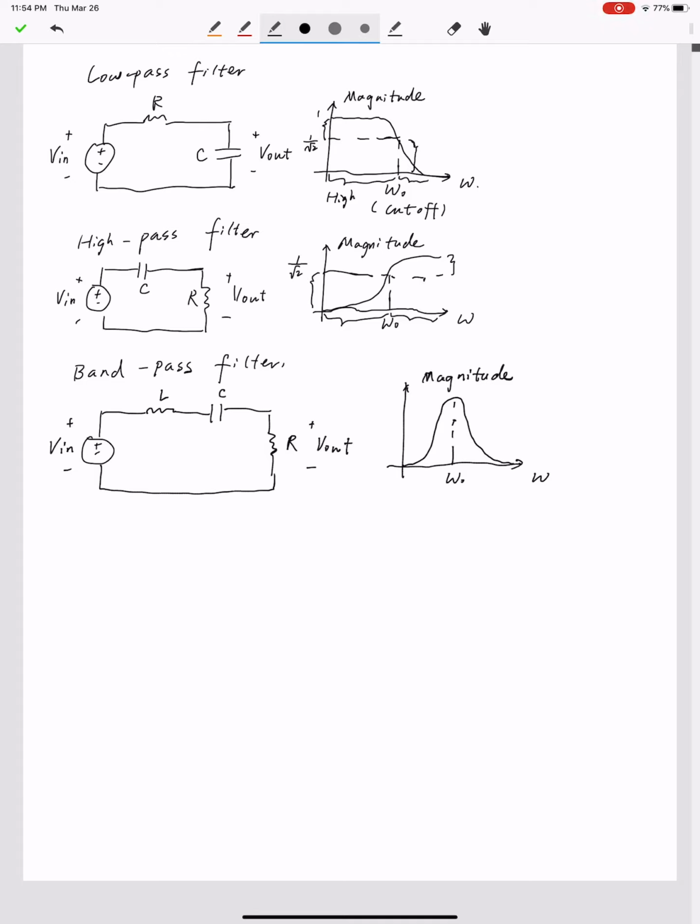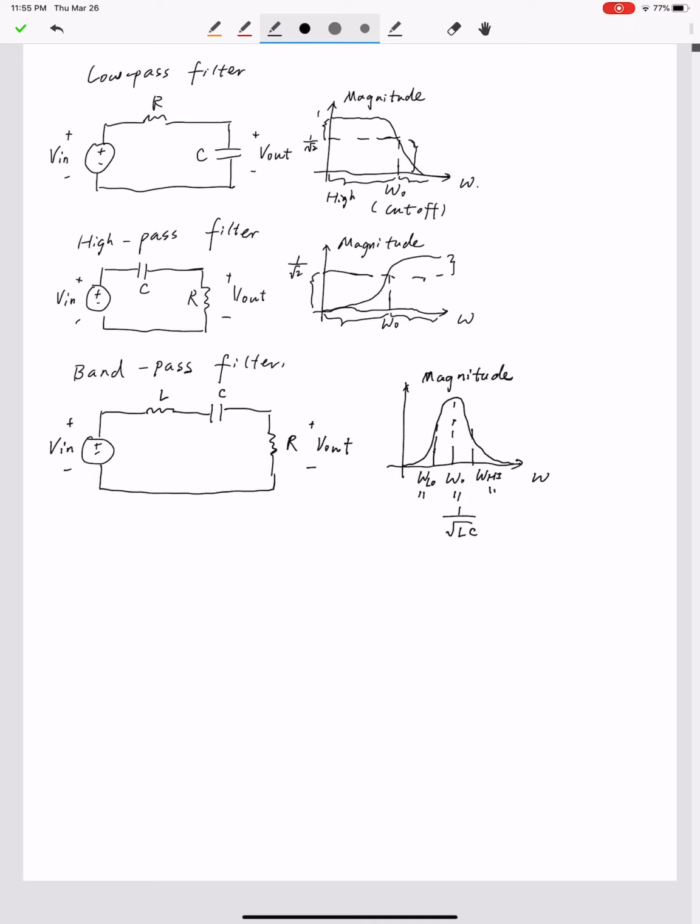Omega 0 for the bandpass filter equals 1 over square root of LC, right? And it also has two cutoff frequencies, defined as omega low and omega high. Omega low is called the low cutoff frequency, and omega high is called the high cutoff frequency.